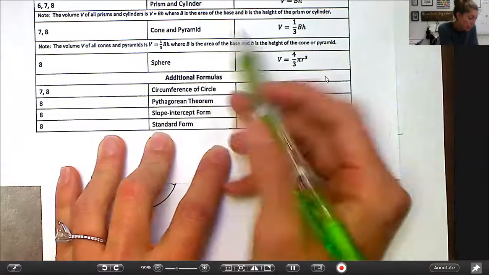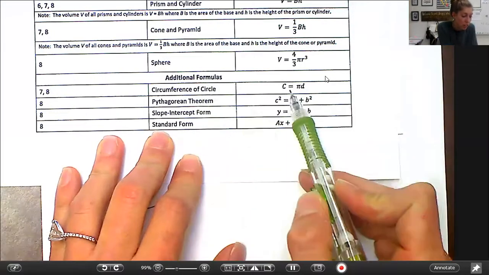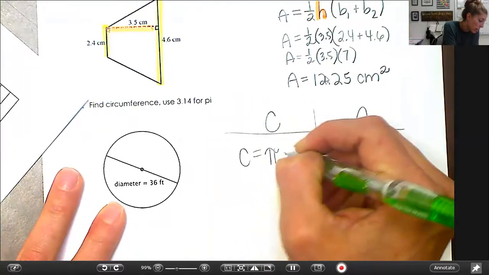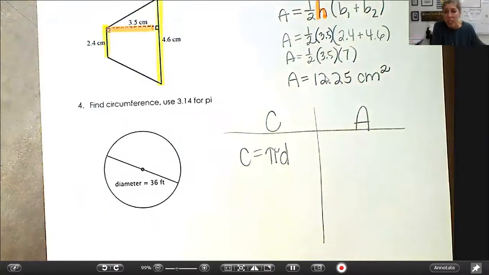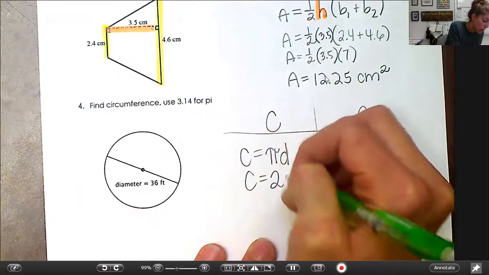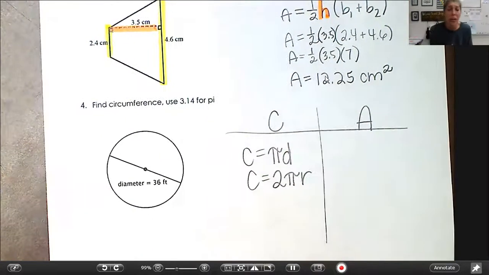Okay, and that's down here at the bottom, circumference of a circle. C equals pi times diameter. Now, when we learned this in my class, I also taught you that circumference is the same as 2 pi r, okay?